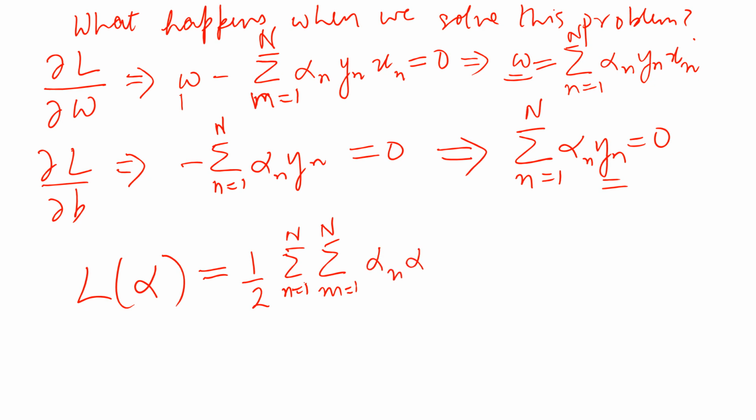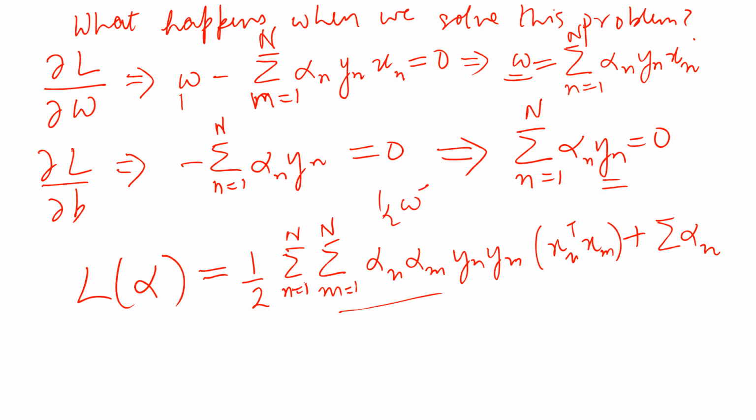So alpha n, alpha m, yn, ym, xn transpose xm, plus the summation of alpha n. So again, just substituting these values, that's all I'm doing in the half w transpose w. Essentially, this is half w transpose w, the value for the Lagrangian.